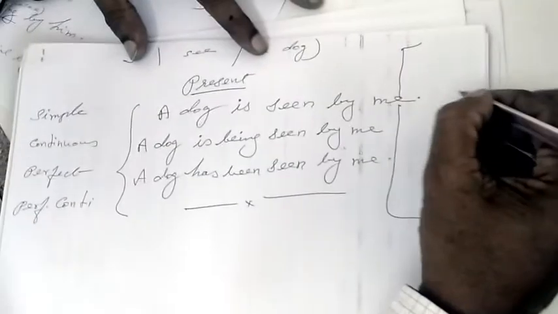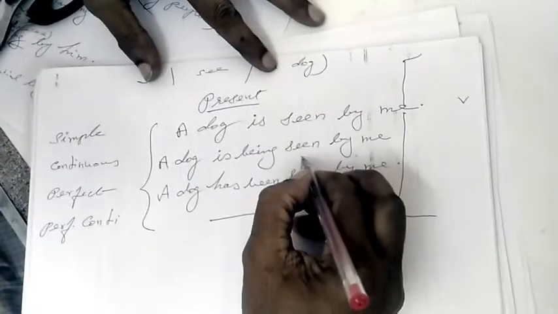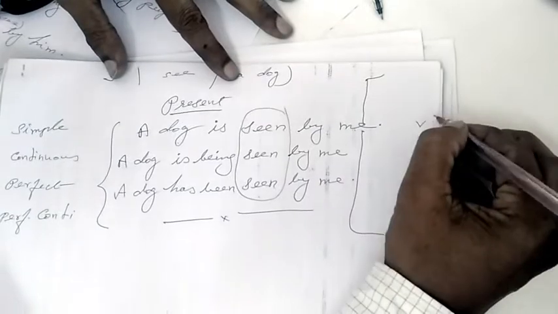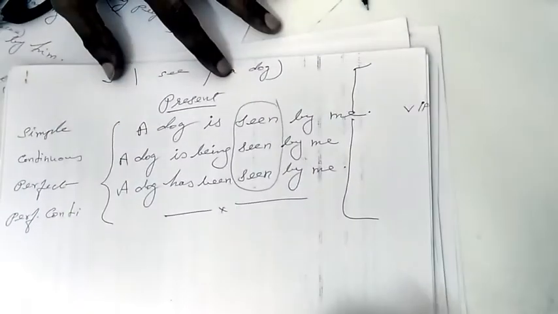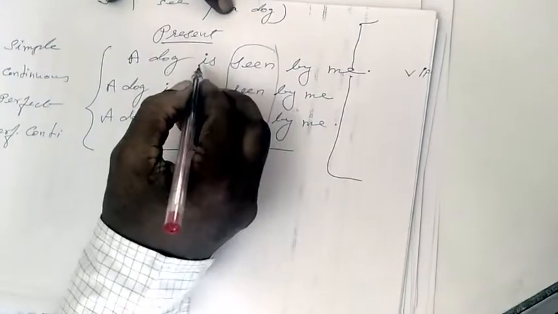How did we get this? Symbol means verb only. And this is seen, this is seen, this is seen. All the seen is past participle, which has to be there. That is a sign of passive voice. And you see what verb has come.